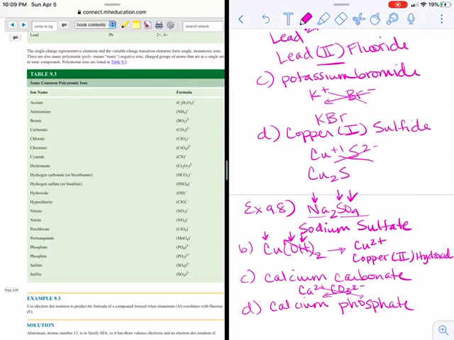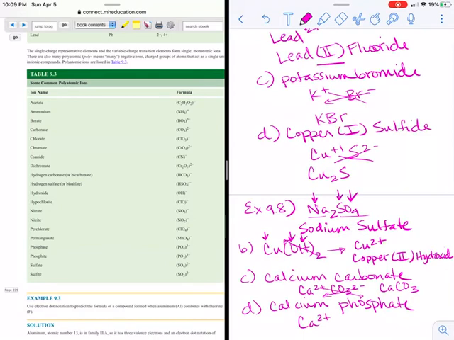Well, if you do those crossover things, if they're the same number or if they can be reduced by anything, so like for instance, if I wrote Ca2CO3 2, see how these are both divisible by 2? You will simplify it. So you don't end up with Ca2CO3 2.